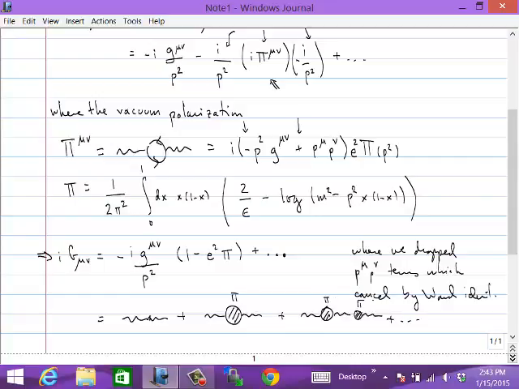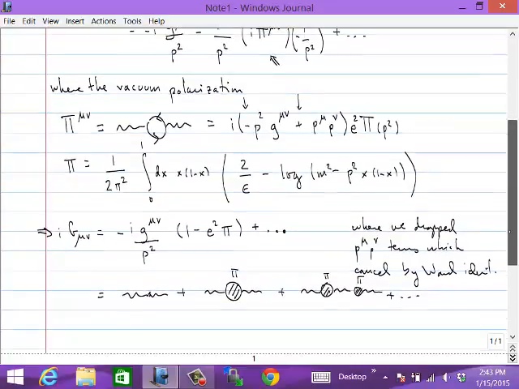Then the one loop diagram that I wrote down above would give you something proportional to e squared. The 2 pi piece would give you something proportional to e to the 4th times pi squared. The 3 pi would give you e to the 6th times pi cubed, and so on.